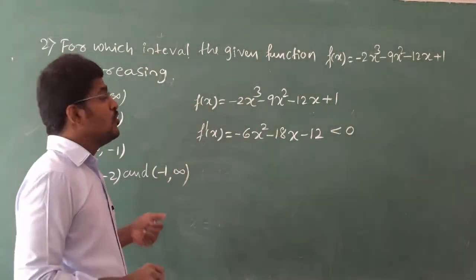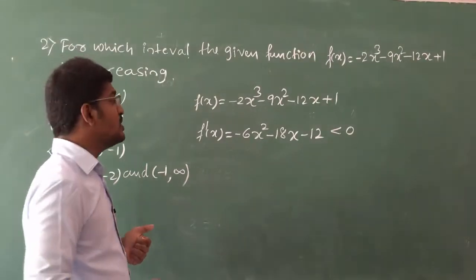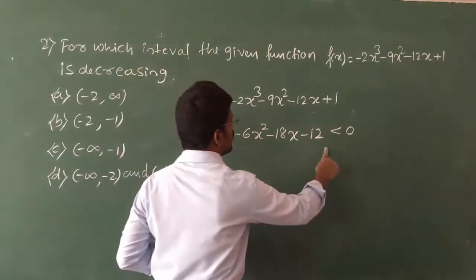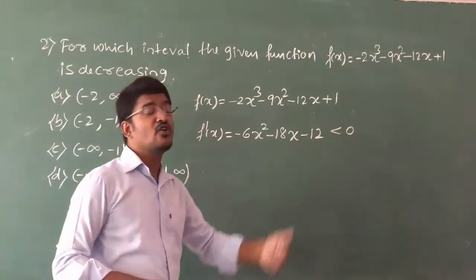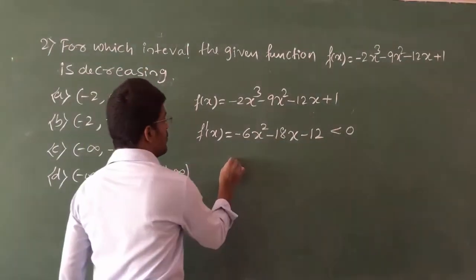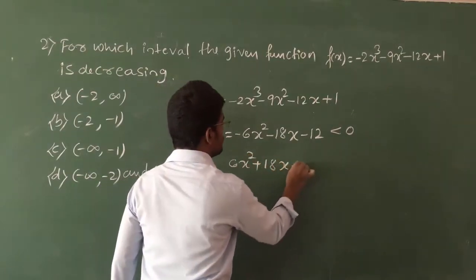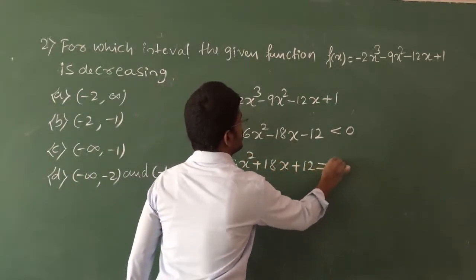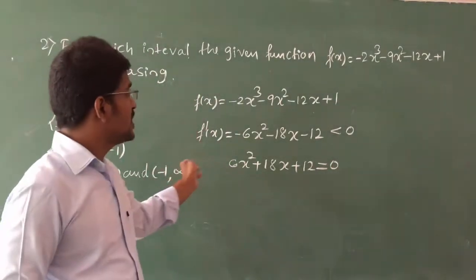Clear? For solving the intervals, I will equate this term with negative sign on both sides. It will become 6x square plus 18x plus 12 equal to 0.